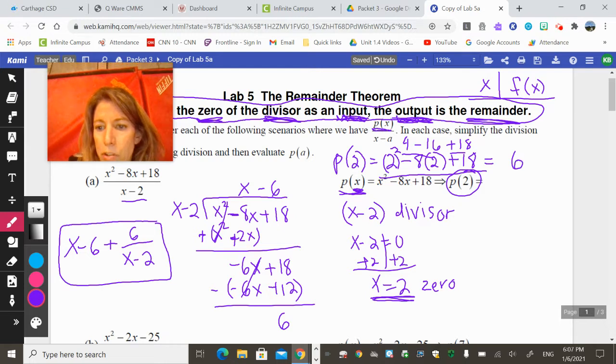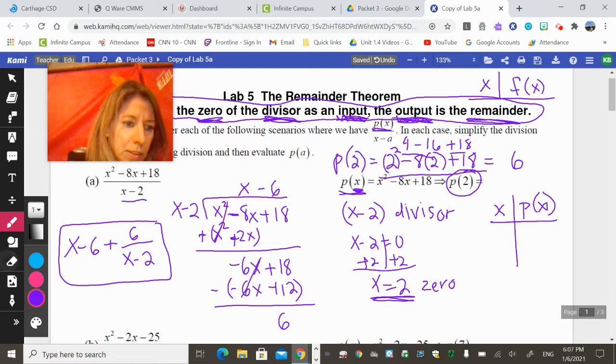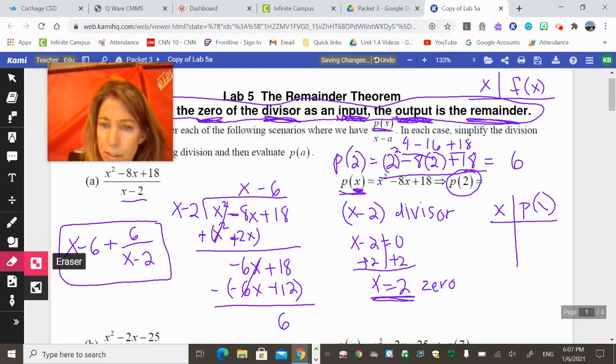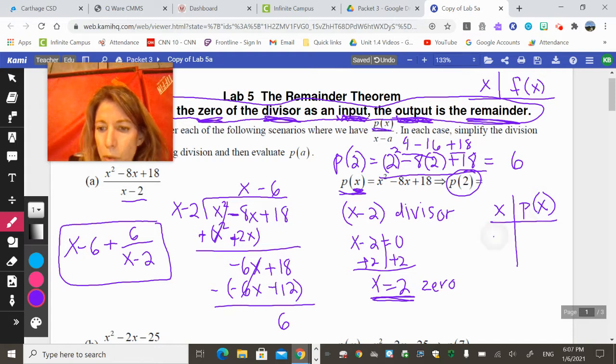So this is my input. I'm just going to set it up like a table. In this case, I used p of x. I don't like how it drags that little extra piece. When I used the zero of my divisor, my output was 6. So this is the remainder.